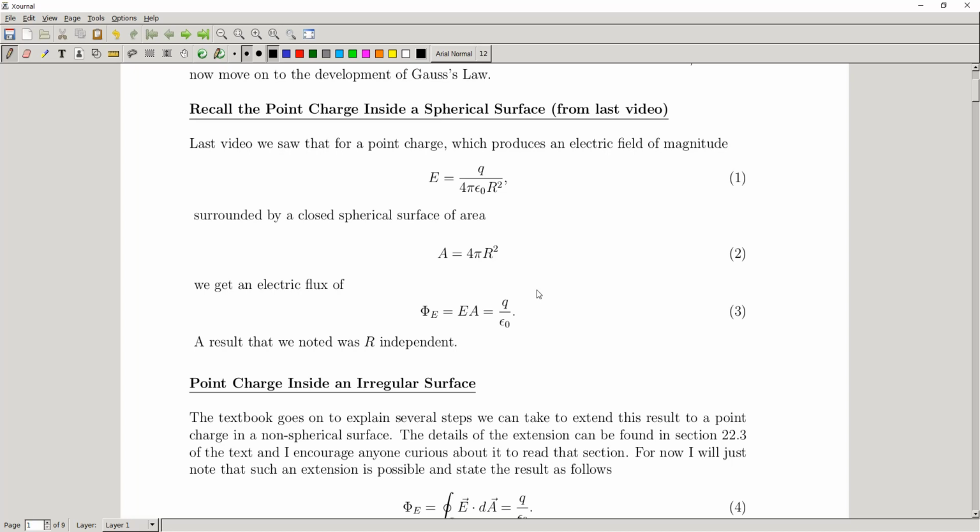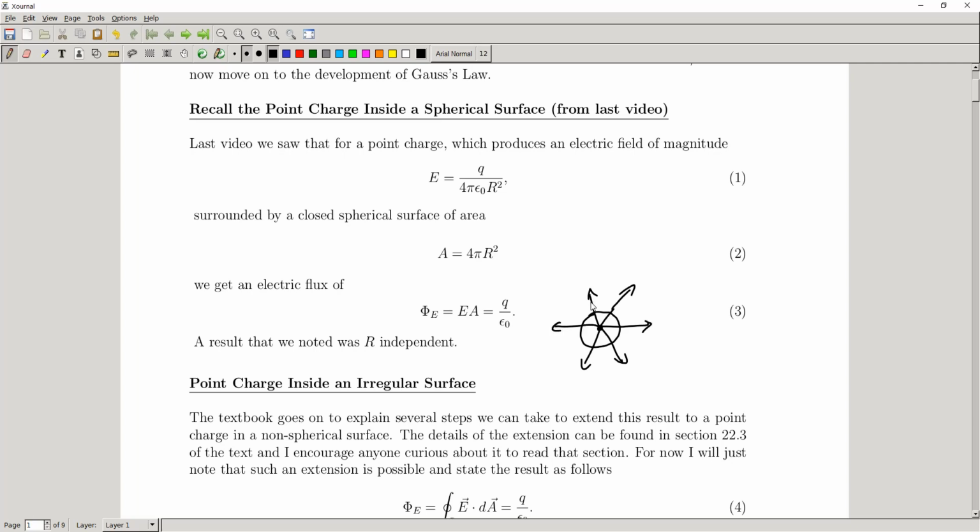We can think of that by just thinking about our point charge, and then here I'm going to draw a circle, but this is supposed to be a spherical shell. This is a slice of our spherical shell. The electric flux going through this surface, we can imagine all the electric flux going through the spherical shell.